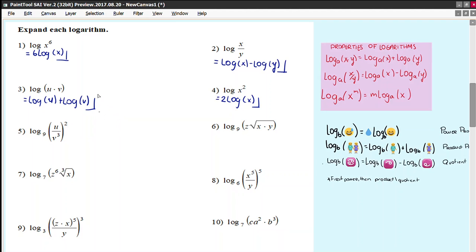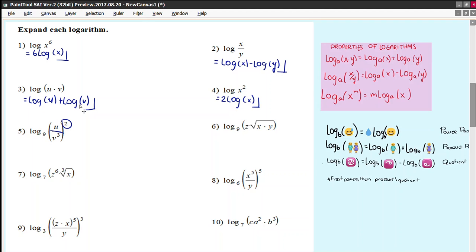For example, 5. Notice I have a bunch of properties or operations being applied to the argument of my function. The first thing I have to notice is that I have a power, then I have a quotient, and then I have a power again.